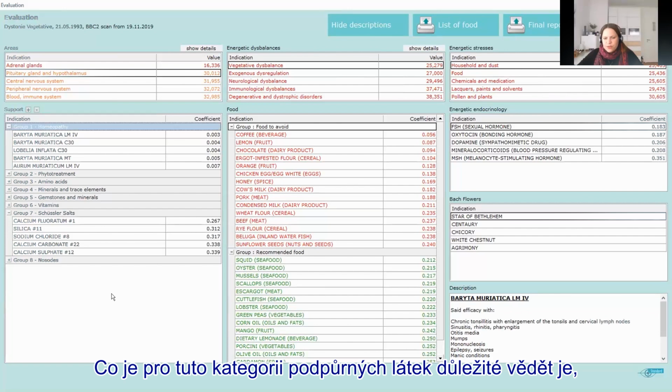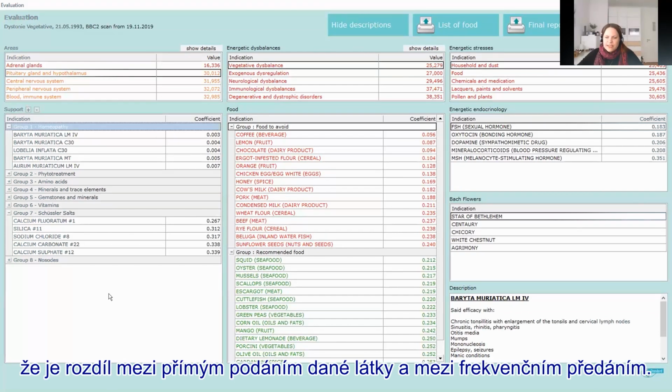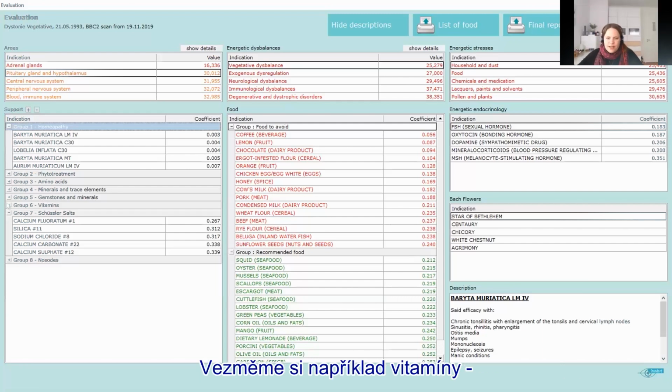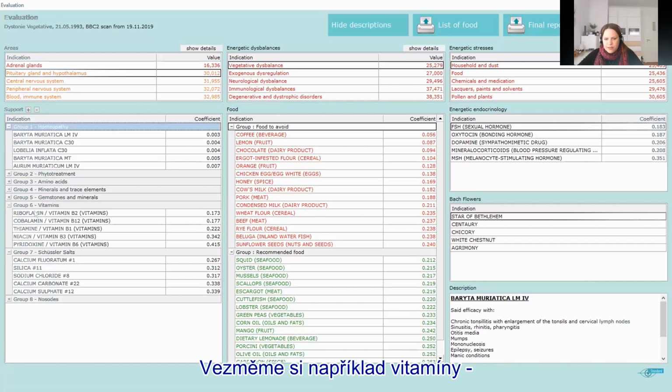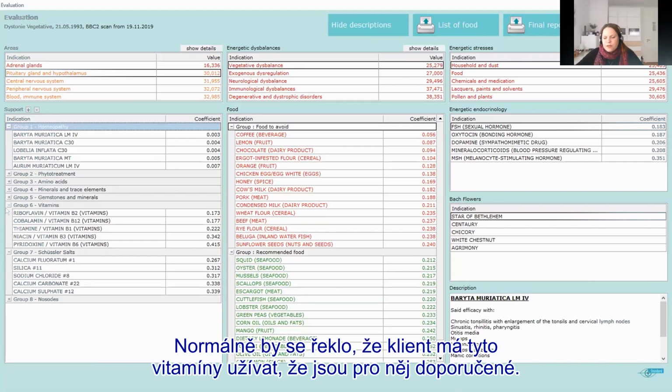And what is important to know for the support category is that there's a difference between giving this directly as support, as a remedy, or using it as a frequency transfer. For example, we have this with the vitamins sometimes, that we have vitamins listed. Normally it says this vitamin should be used.